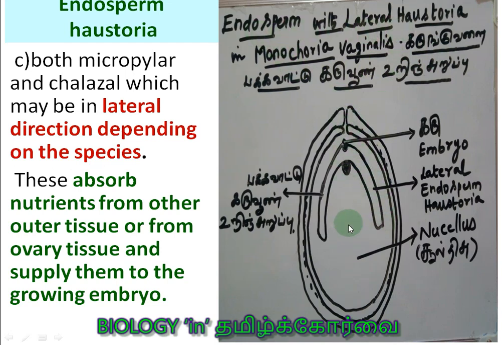This is the micropylar end and this is the nucellar end. It grows towards the lateral position of the ovule, so it is called lateral endosperm haustoria. These haustoria absorb nutrients from the outer tissue of the ovule or the ovary tissue, and supply them to the growing embryo. So this is the purpose of haustoria.